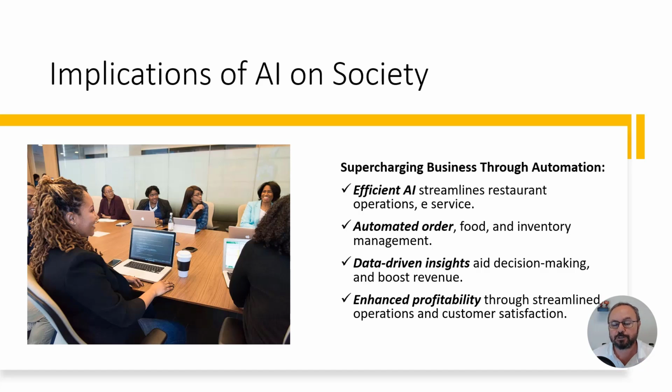Now, this goes into the same topic of how food may be ordered and delivered, inventory management as well. Now, a great use case is AI can constantly look at inventory levels and then order automatically in specific areas that it has been programmed to.